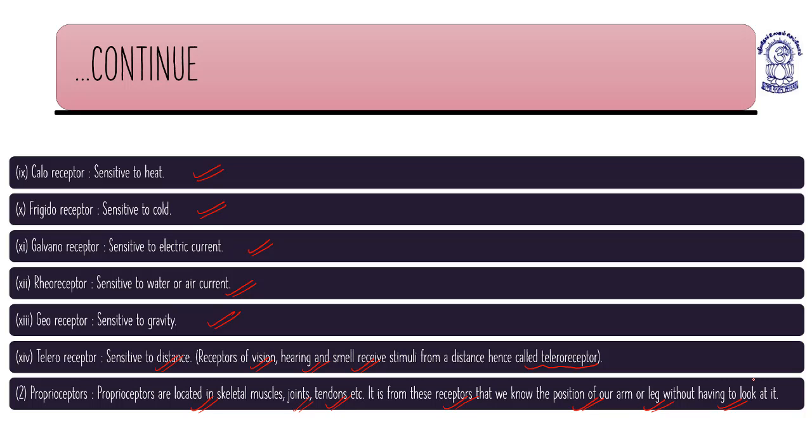To recap: rheoreceptors are sensitive to water or air current, gustatoreceptors to taste, galvanoreceptors to electric current, and proprioceptors to the position of body organs.